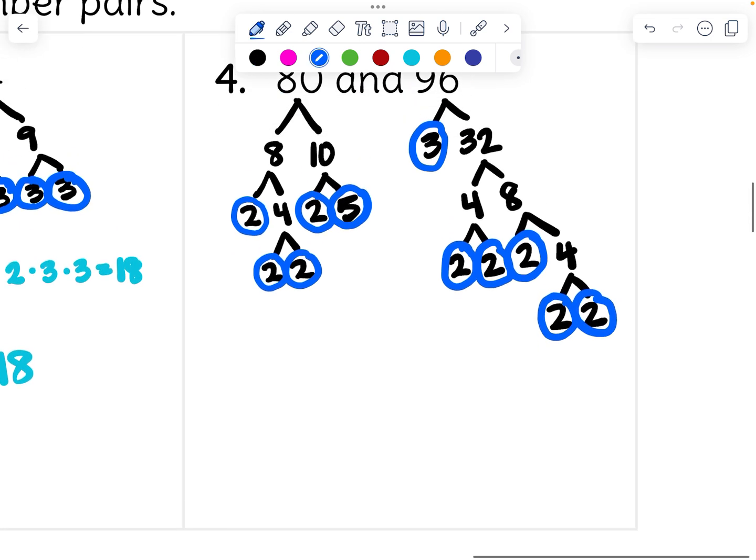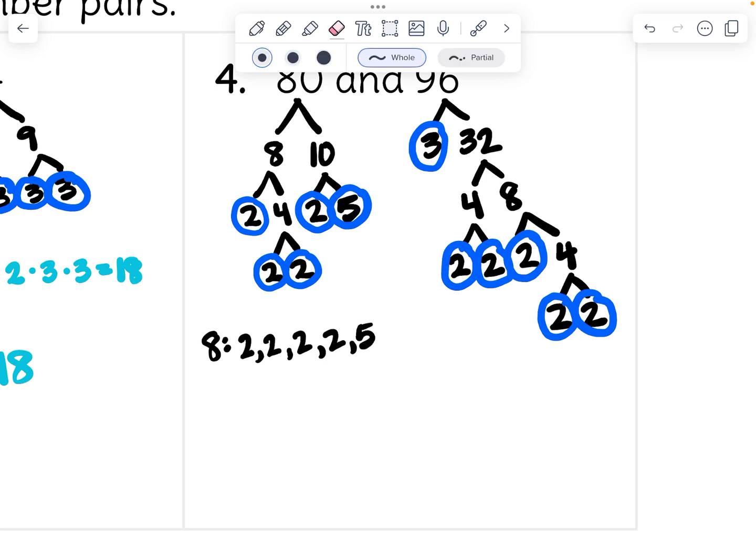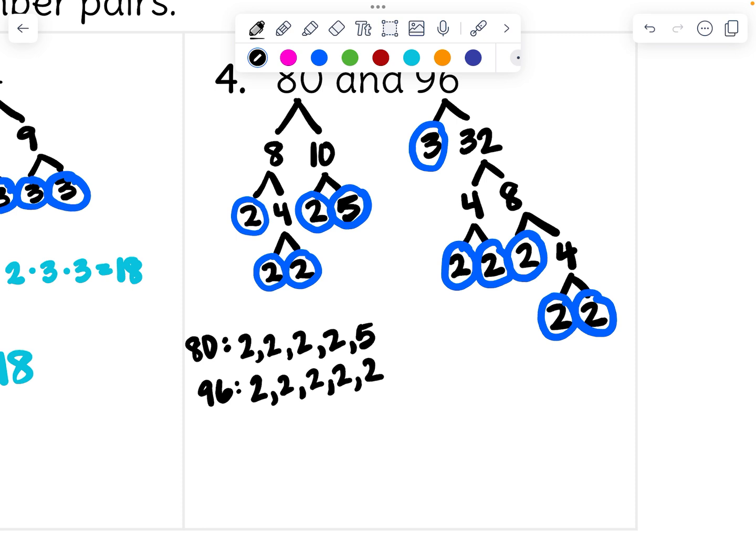So now I'm going to make my list. For 80, we have 2, 2, 2, 2, 5. Oops, that should say 80. And then 96, we have 2, 2, 2, 2, 2, 3.